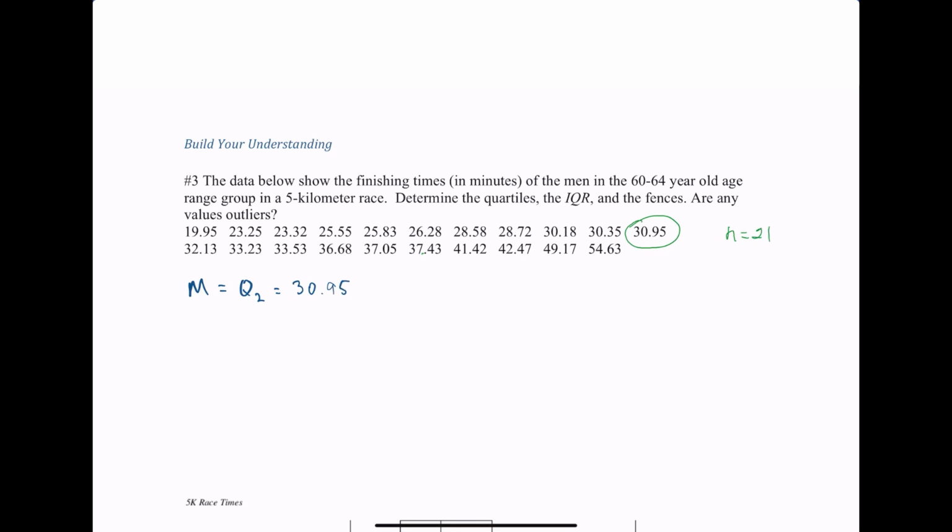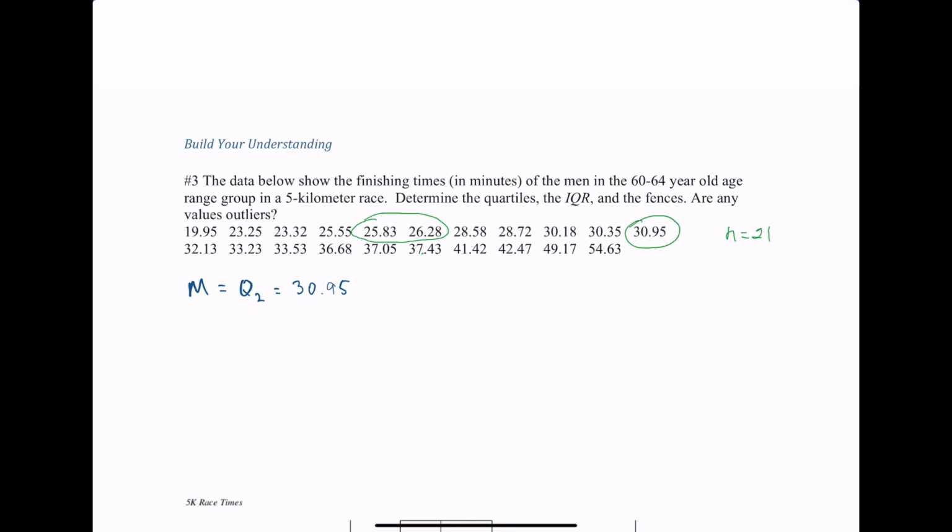Now below that are 10 data values, so that's an even number, so quartile 1 is going to be the median of these, so it's going to be the average of the two middle ones. So let's see where that would be. I think those are our two middle ones. Yes, okay.